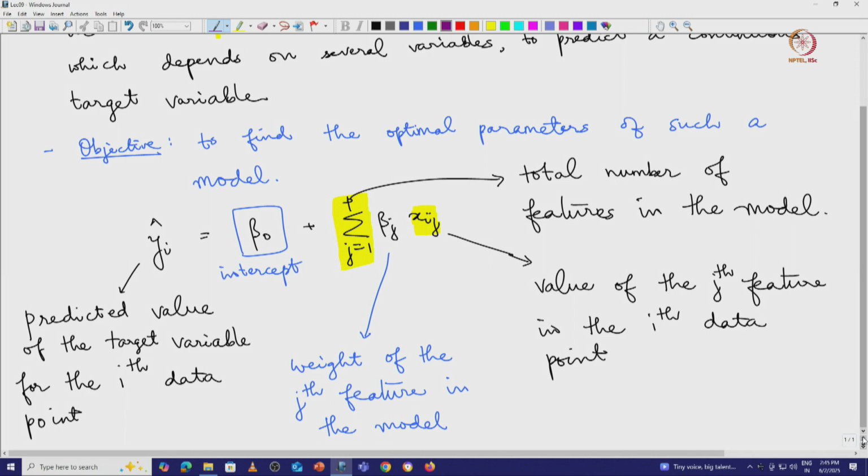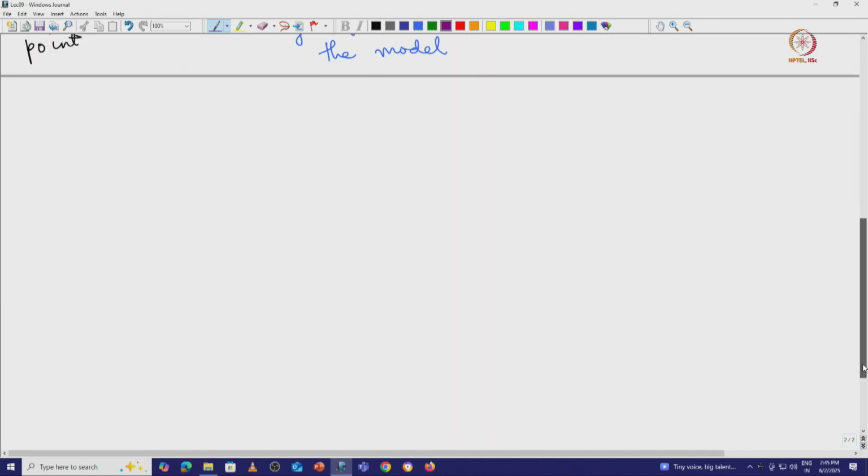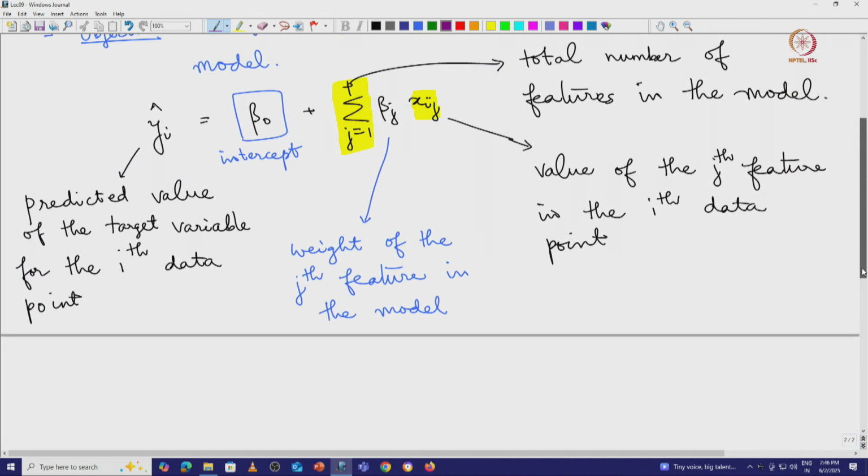Now, let us go and see how we can use this. And like I said, our objective is to find out the optimal set of parameters. Now, what are the parameters involved here? The parameters here are beta naught and all these beta j's. These are the parameters of the model, and our objective is to find what these parameters are.